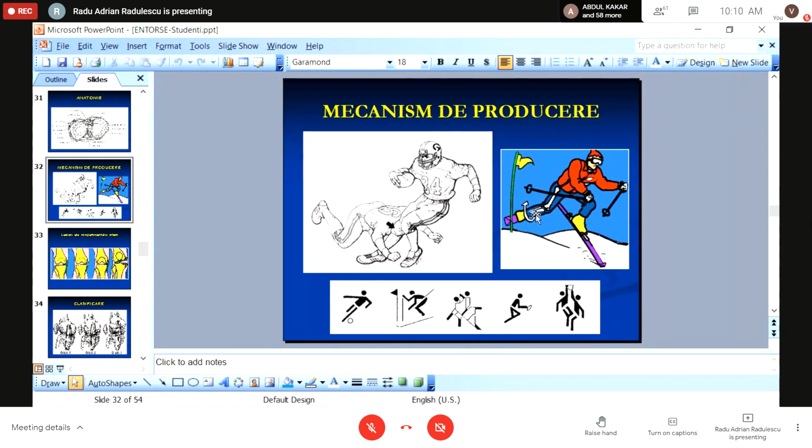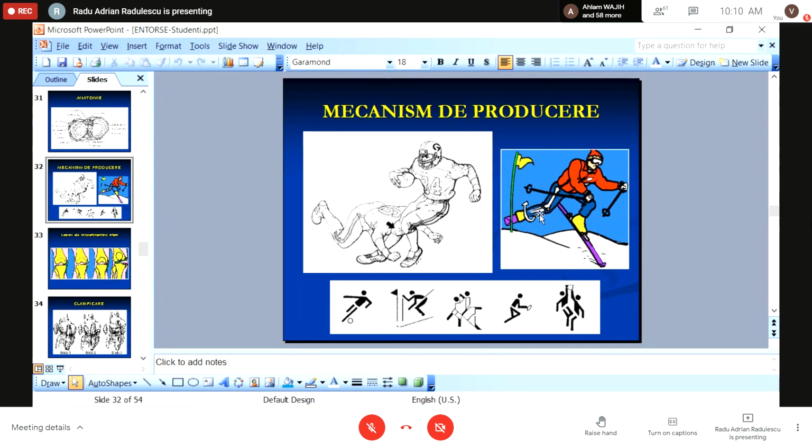Also, another one will be the forced rotation mechanism. Here is a skiing mechanism where, coming down on the slope, the tip of one ski grabs an obstacle and forces the knee in external rotation.